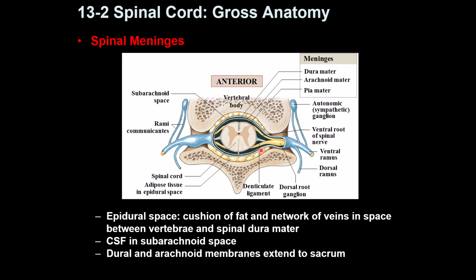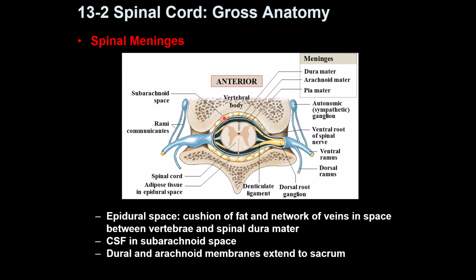So the third meninges is this one, that's called dura mater. This one, the more superficial one, is the thickest one also. And there is one space between the dura and the arachnoid, and that is called the subdural space.